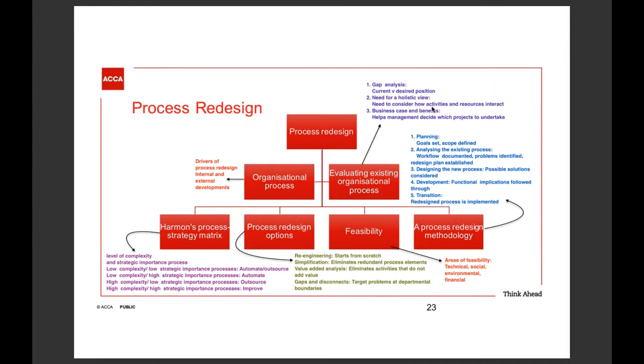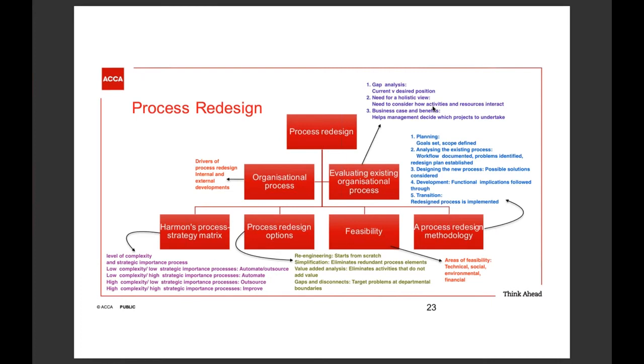Once you know what your current position is, what your desired position is, your current process and your desired process, the next thing that you're going to look at is the resources that you require for you to actually move from the current position to the desired position.